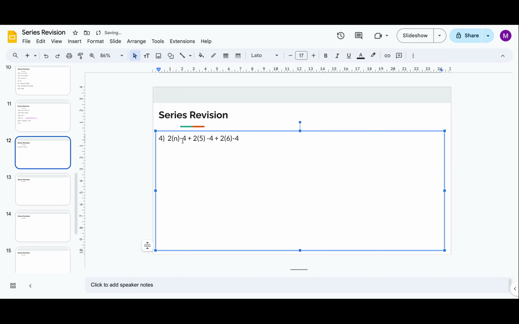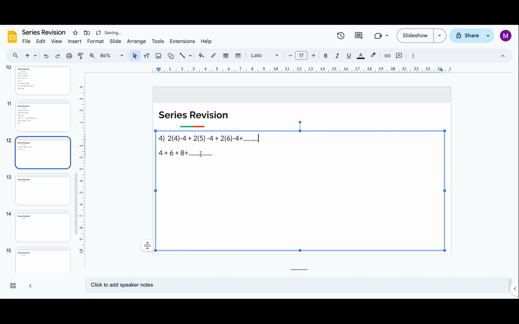Sorry, this n here is supposed to be 4 because they're telling me that we're starting at n equals 4. We can quickly simplify these to get that 2 times 4 minus 4 will give me 4, plus 6, plus 8, plus, we know that this continues all the way until n is equal to 17.